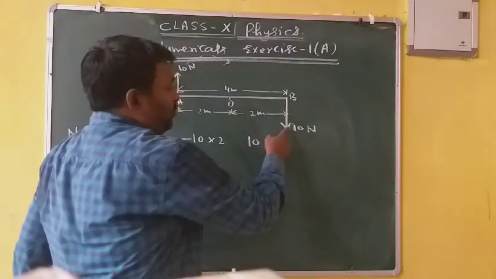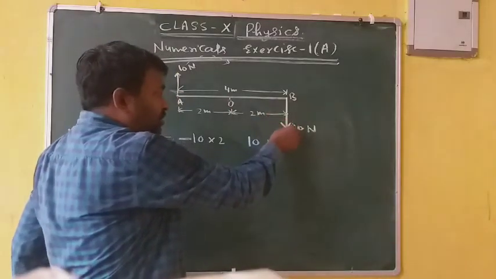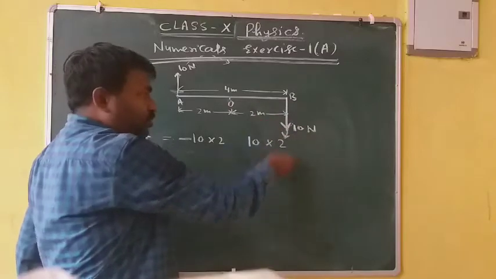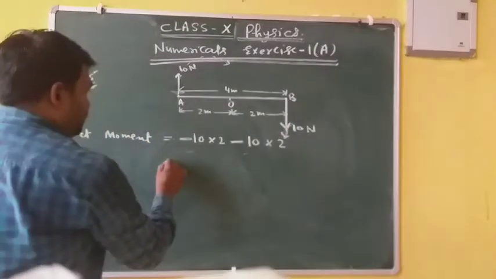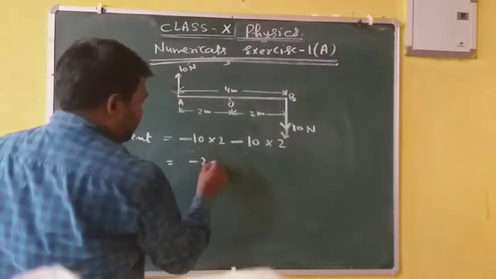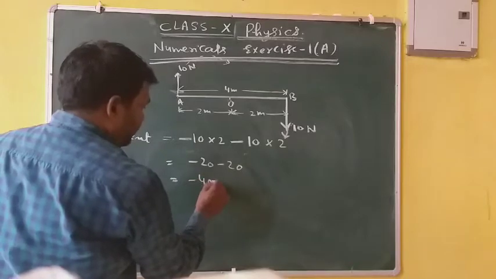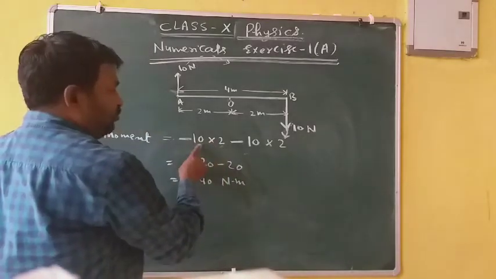This force is also trying to turn the body clockwise, so it will also be taken as negative. That's why minus 20 and minus 20 will be minus 40 Newton meter. Force into distance, Newton meter.